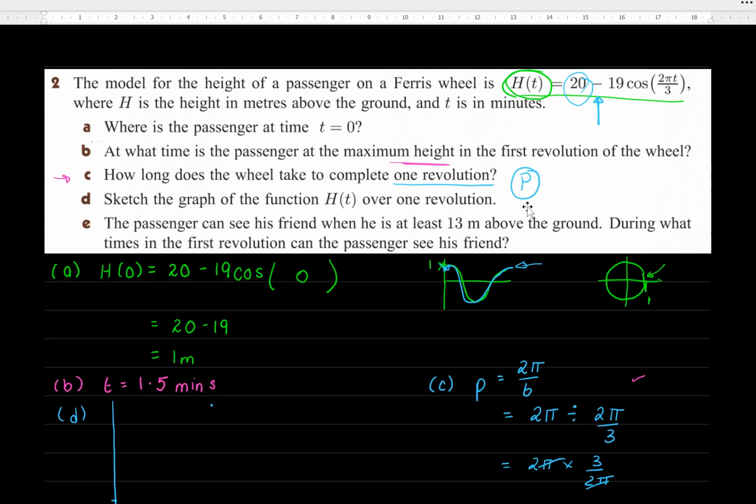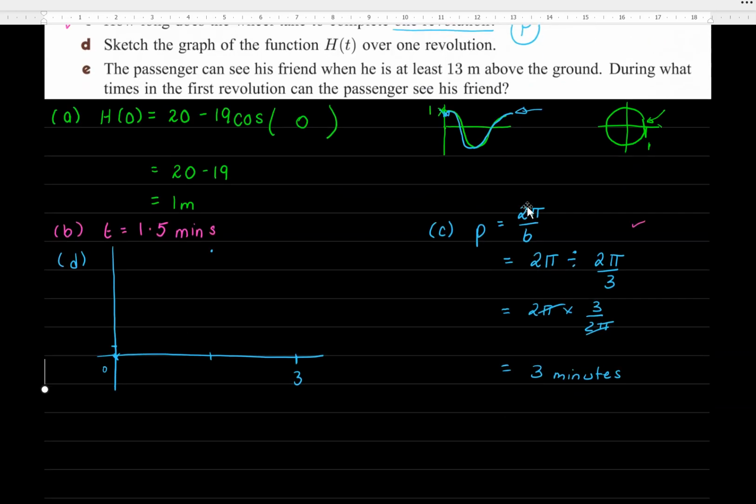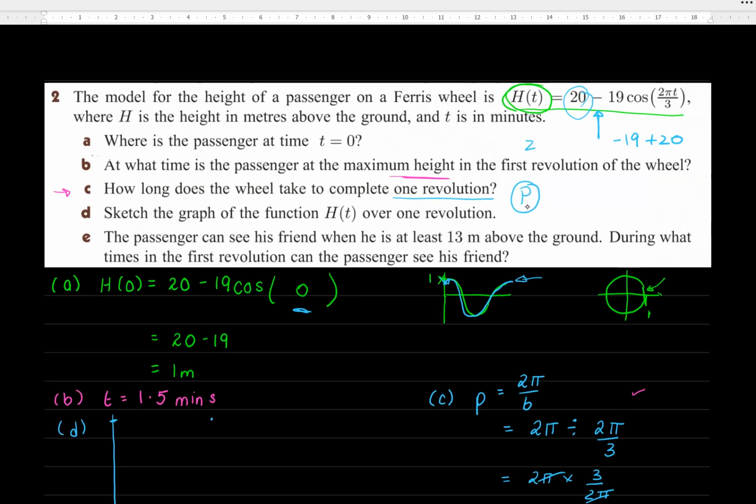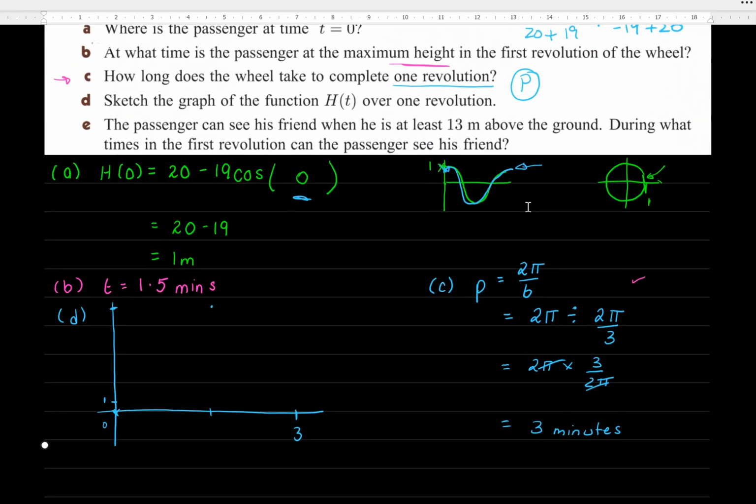Without using our calculator, we know the minimum would have been minus 19 plus 20. So we know that this one here, and again, that's where it starts at 0. We know that that's 1. And our maximum, yes, we knew from the graph it was 39, but again, it would have been 20 plus the 19 here. That gave us that 39. All right, so again, it's a sketch.